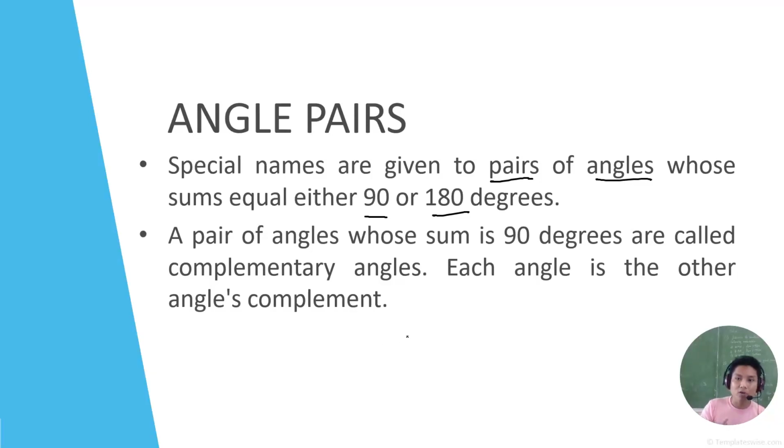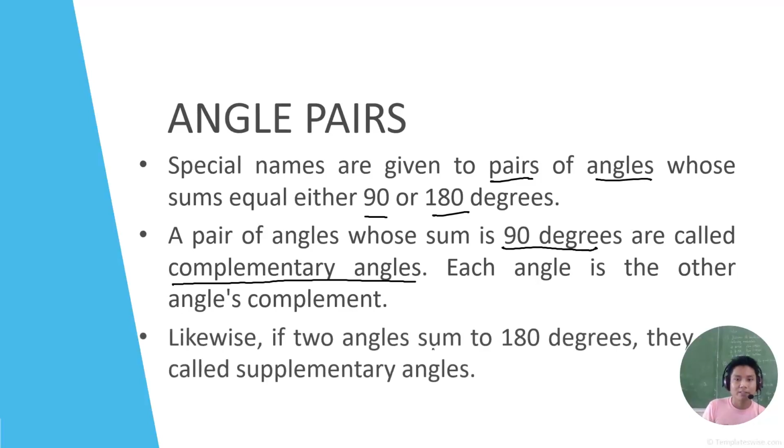For a pair of angles that has a total of 90 degrees, they are called complementary angles. While a sum of 180 degrees of two angles, they are supplementary angles.